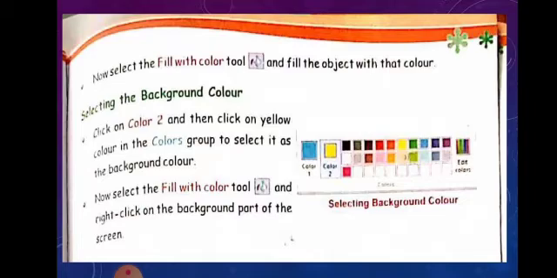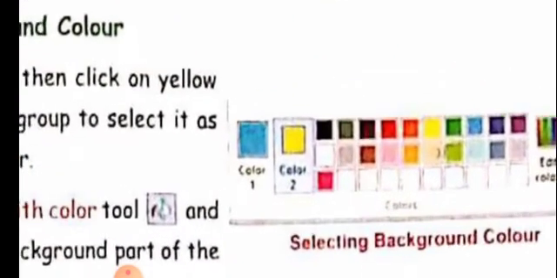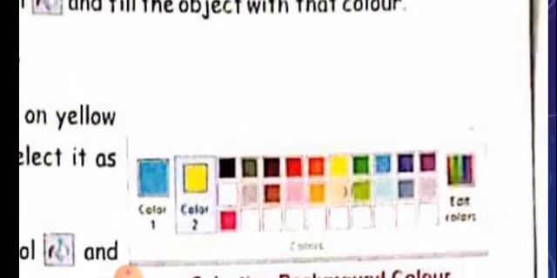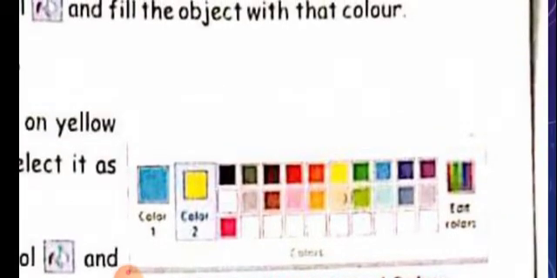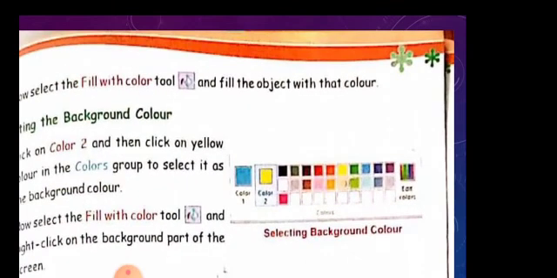Two options are there, you can see in the picture, color 1 and color 2. Click on color 1 button to select foreground color, and click on color 2 button to select background color. Now select the color, fill with color tool, and right click on the background or the foreground of the screen, and it will be colored then.